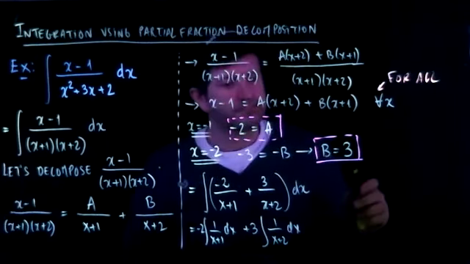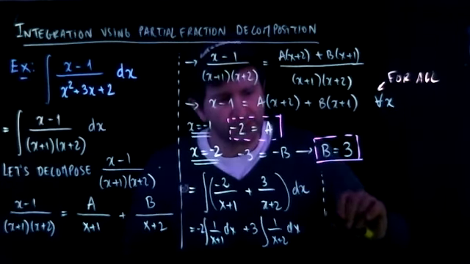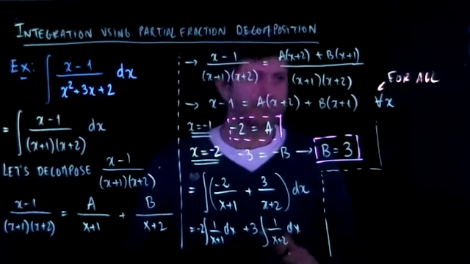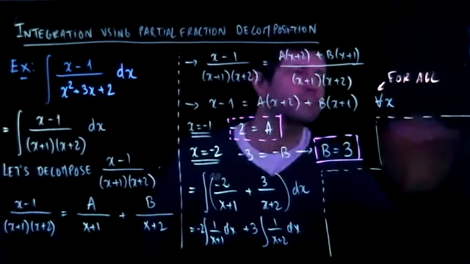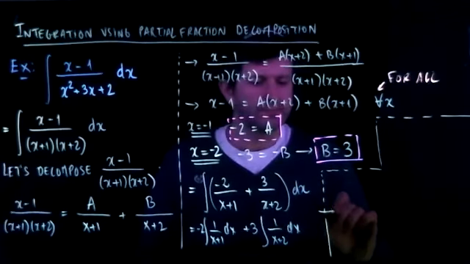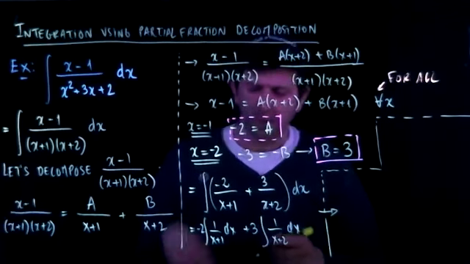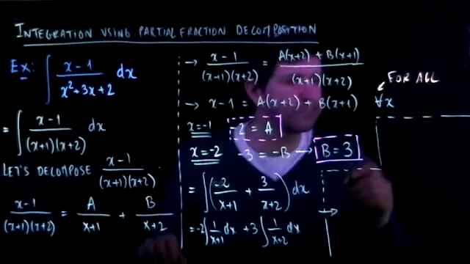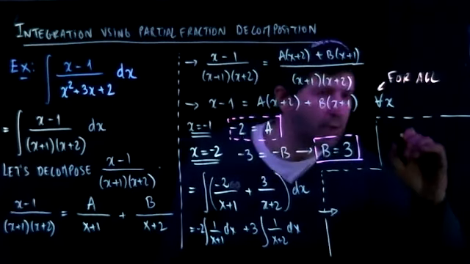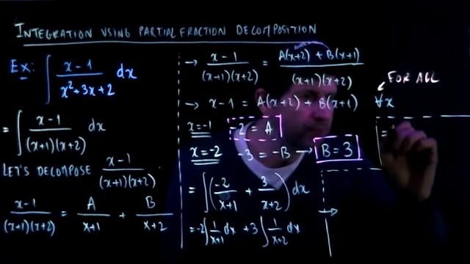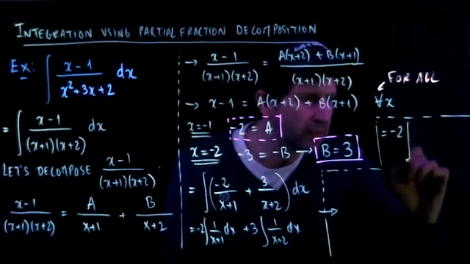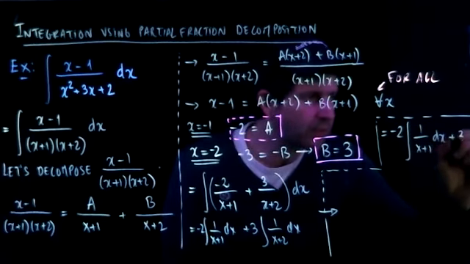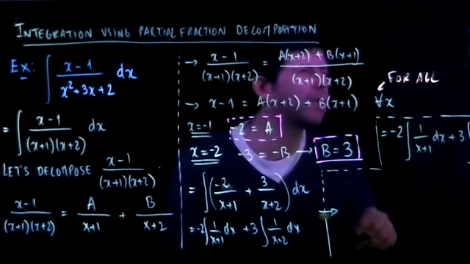Okay, let me continue here. So for the first one, I have -2 integral 1 over x plus 1 dx plus 3 integral. I'm running out of space now.